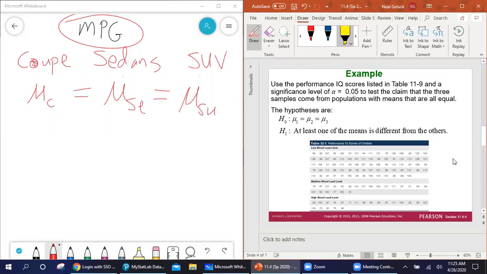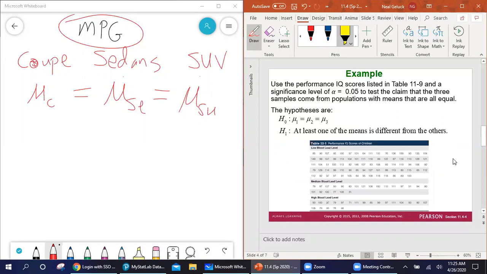So in our example, this is actually a table that we looked at way back at the beginning of the semester. We have IQ scores for different groups of children in the low blood lead level, medium blood lead level, and high. So basically what we're testing is, does the amount of lead in someone's blood affect their IQ?